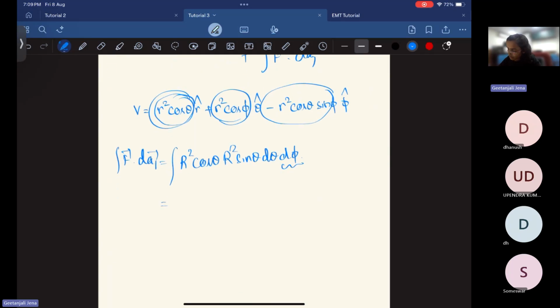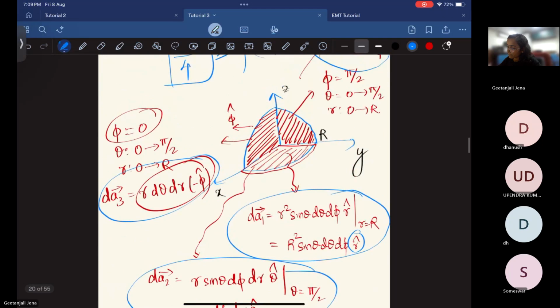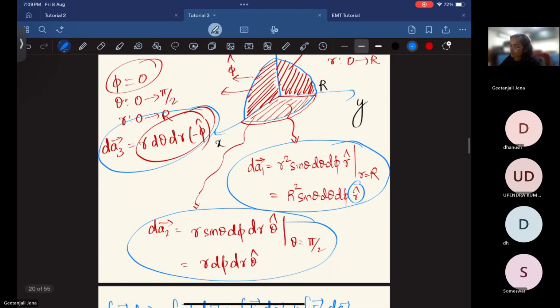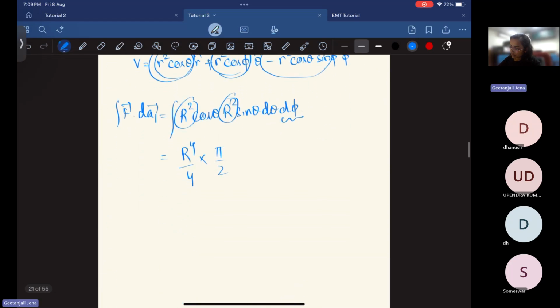So this will give r square 4, and we have cos theta sin theta d theta.